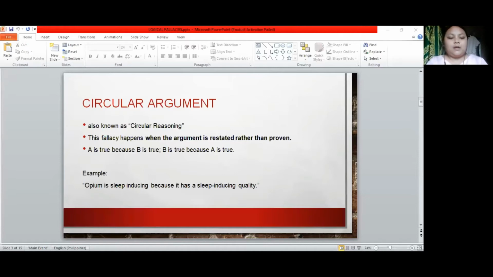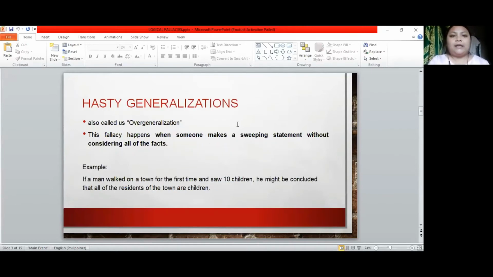The next fallacy that we have is hasty generalization. All right. This fallacy is also called overgeneralization. This happens when someone makes a sweeping statement without considering all of the facts. For example, if a man walked into a town for the first time and saw 10 children, he might conclude that all of the residents of the town are children, right?